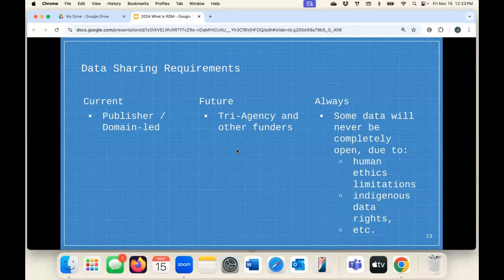If you're working with vulnerable populations, or identifiable people who are just not willing to be on camera, for example, that would harm your recruitment, because people wouldn't do your research project if they knew their work would be shared. Indigenous data rights are definitely part of this. And there are a couple of other scenarios, like intellectual property, where you might want to delay until you launch whatever you're building.